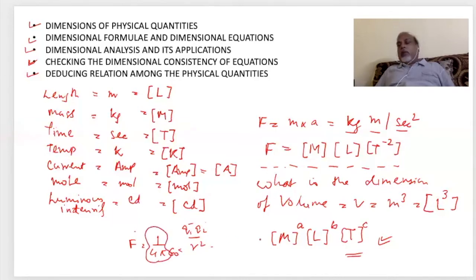This will not give you any idea about it, but still, if you know the dimensions of any physical quantity, roughly you can form the formula.